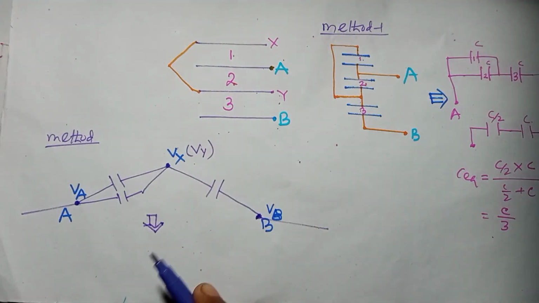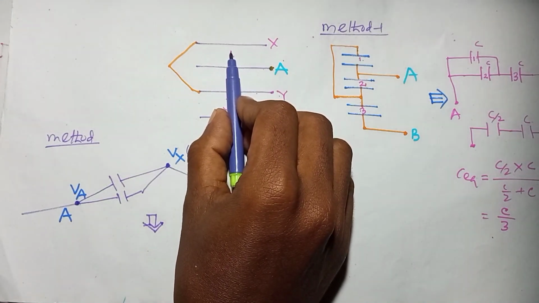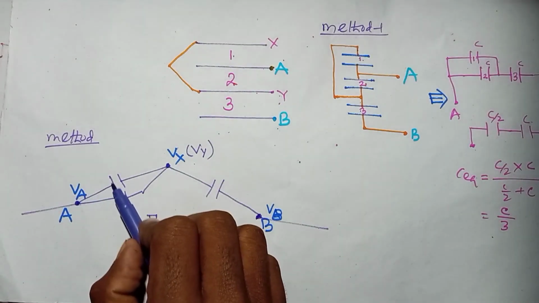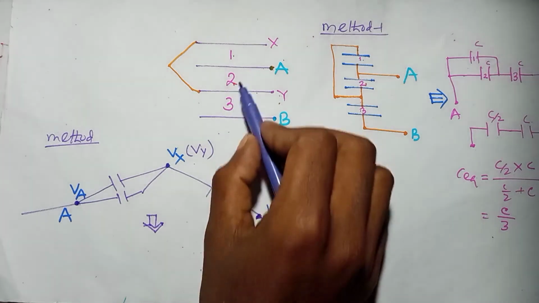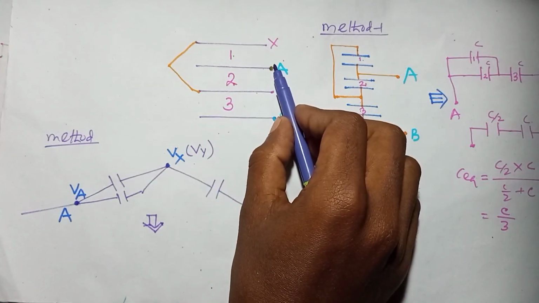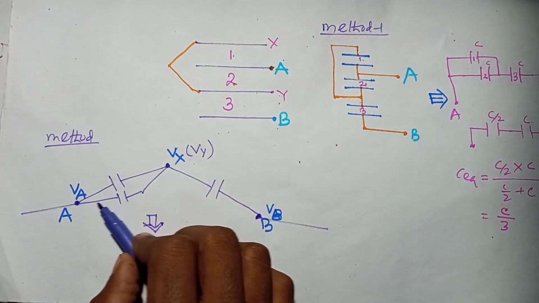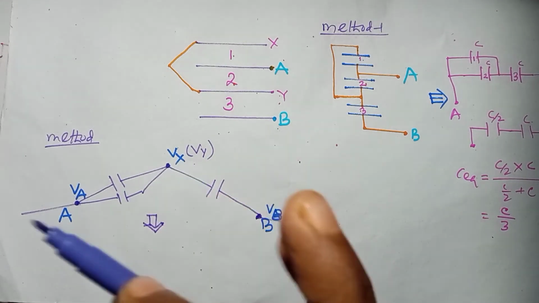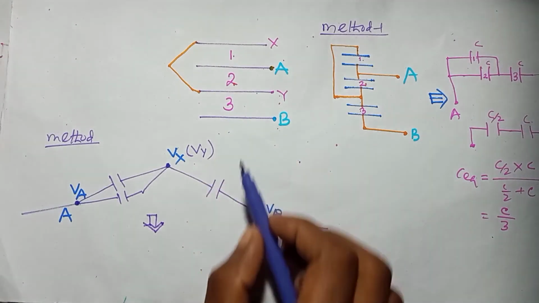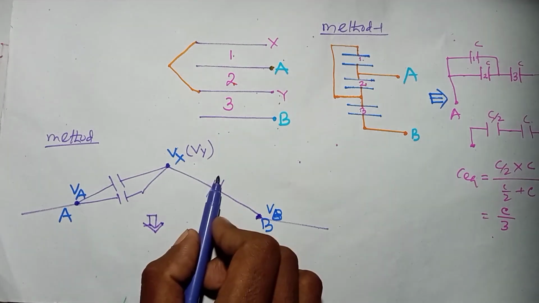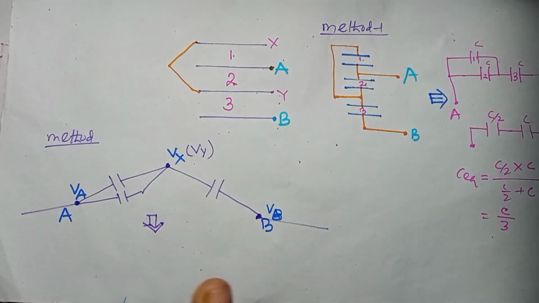Capacitor 1 is between the potential Vx and Va, so you have to draw a capacitor between these 2 potentials. Similarly, capacitor 2 is between Va and Vy potential, and Va potential is nothing but Vx, so draw a capacitor between Va and Vy potential. Capacitor number 3 is between Vy potential and Vb potential, so you have to draw a capacitor between these. Then finally you have to solve like this. Thank you for watching this video.